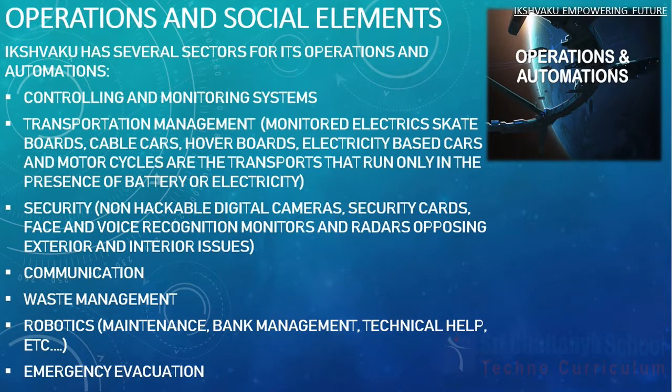Security of both the residents and Ikshvaku is very important. So we have digital cameras which are non-hackable. Security cards, face and voice recognition are some of the security facilities. The radars oppose any exterior errors or interior problems like space wars and hacking.